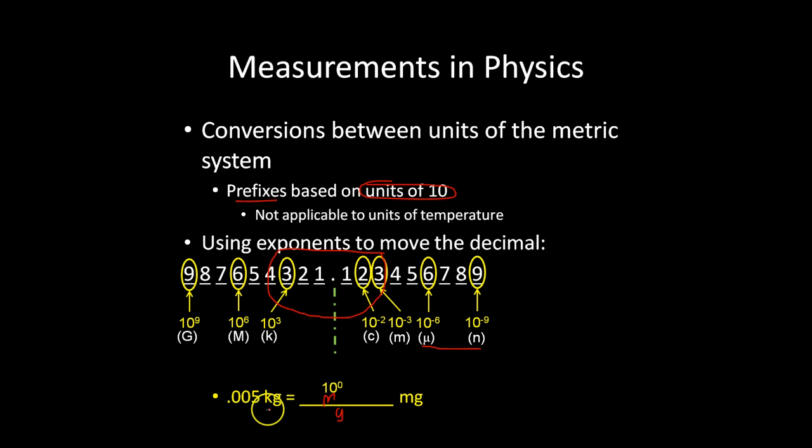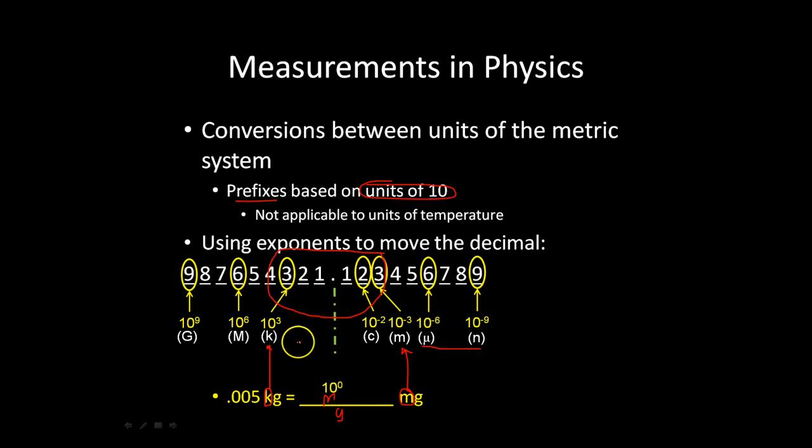So first question, where are we coming from? Well, this is kilograms, so our prefix is kilo, so we're coming from right here, 10 to the third. Where are we going to? Milli, that's right here, 10 to the negative third.